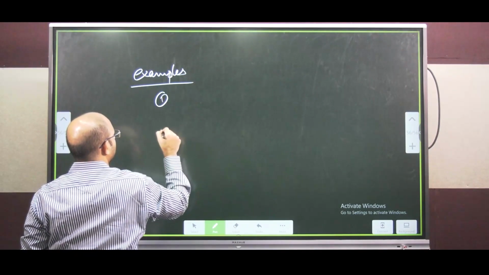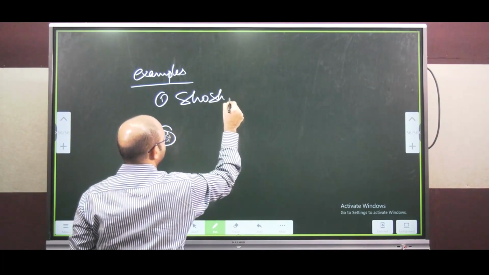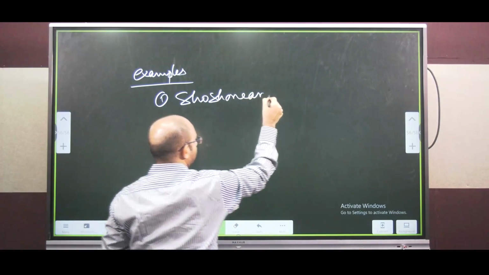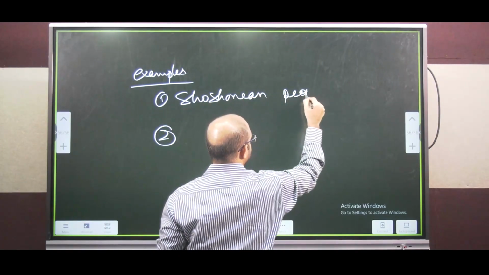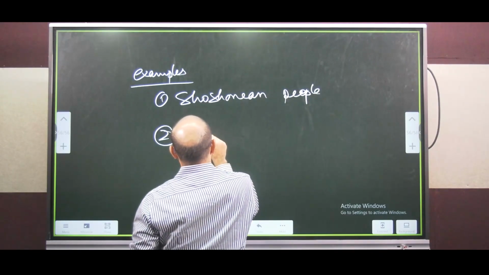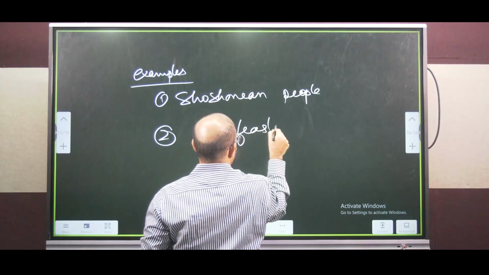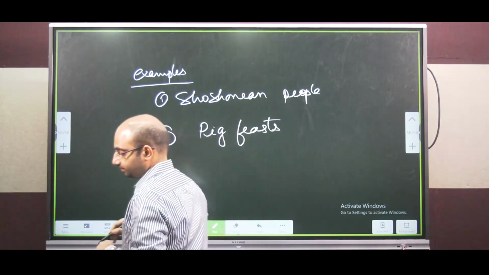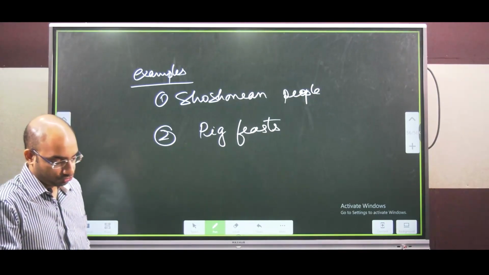Here you can just write one example, but if it is a full-fledged question, you can write more examples. One, he gives the example of the Shoshone people who are hunter-gatherers. He can also take the example of pig feasts. These two are examples of the cultural ecological approach.